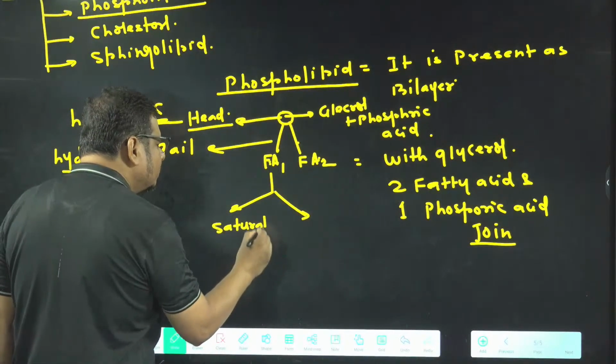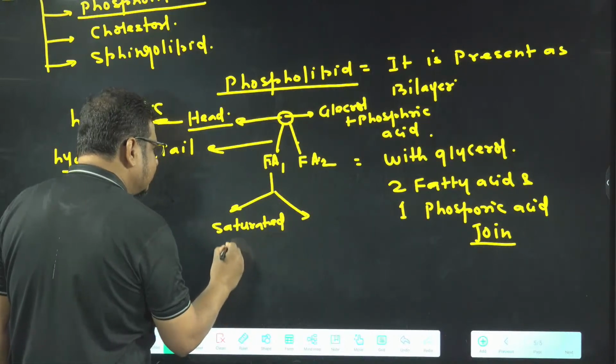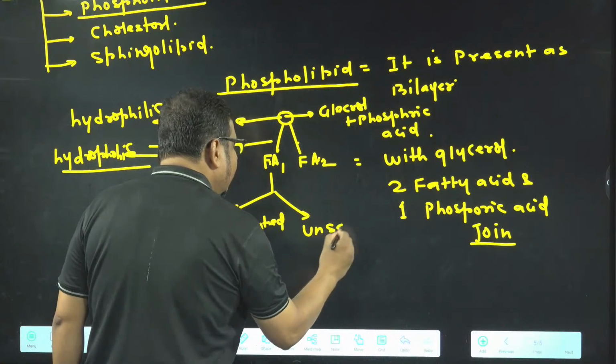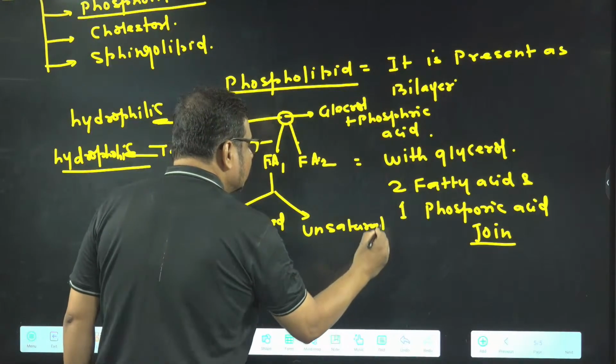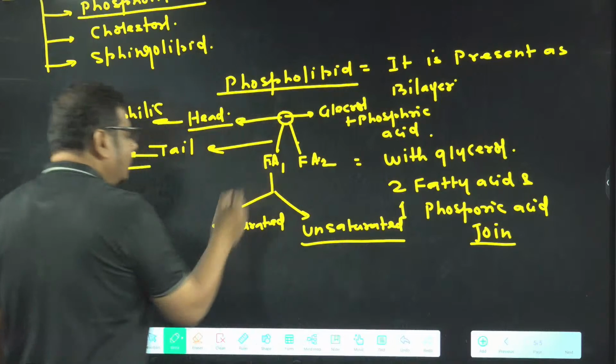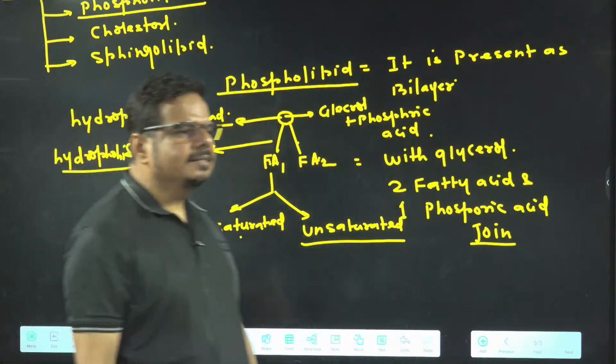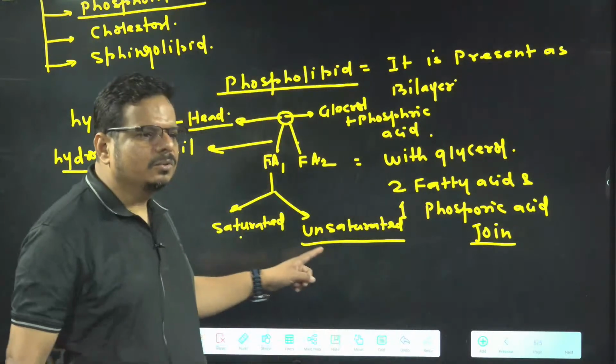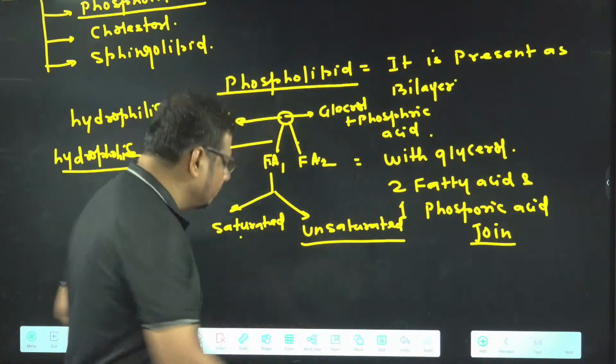NCERT only wrote saturated fatty acid, but unsaturated fatty acid is also there. So the fatty acid chain is either saturated or unsaturated. Saturated means no double bond is present, and unsaturated means a double bond is present in the chain of the fatty acid.